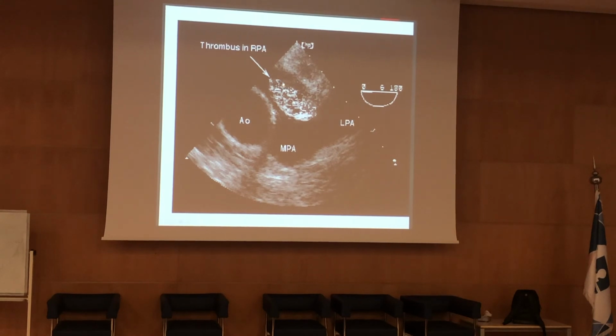This is the main pulmonary artery. MPA means main pulmonary artery. LPA means left pulmonary artery. And this thrombus is obstructing which artery, right or left? Right. Usually there is flow here. The blood is going smoothly there, but the blood going from the main pulmonary artery is blocked, totally blocked.